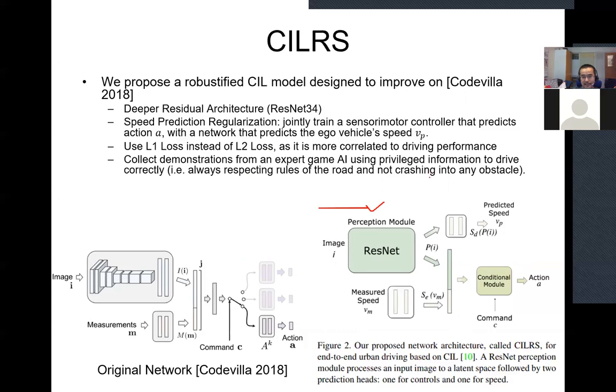They also have a speed prediction regularization. They jointly train a sensorimotor controller that predicts action A with a network that predicts the ego vehicle speed V_P. Originally they only had the action for the training signal, but now they added another branch for predicting the vehicle speed.